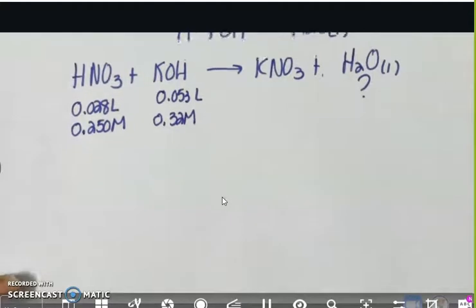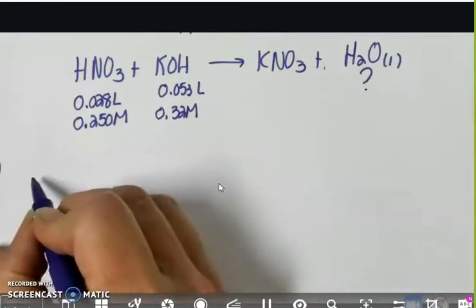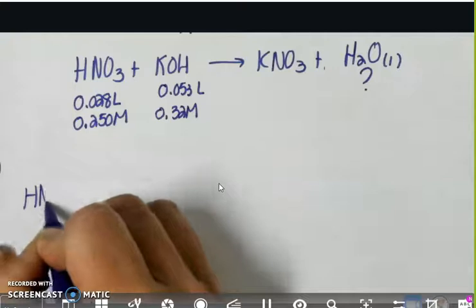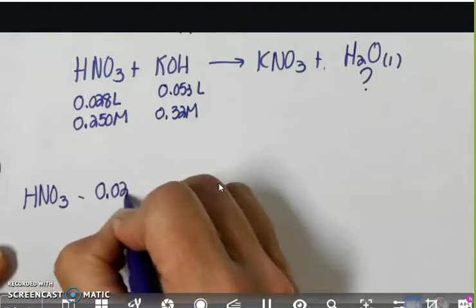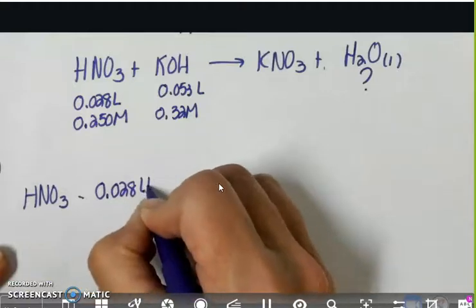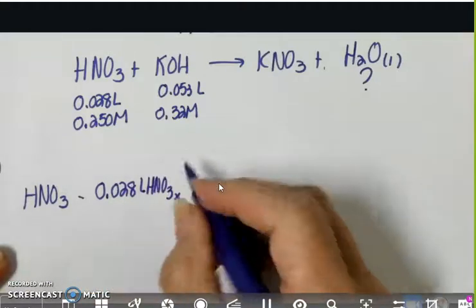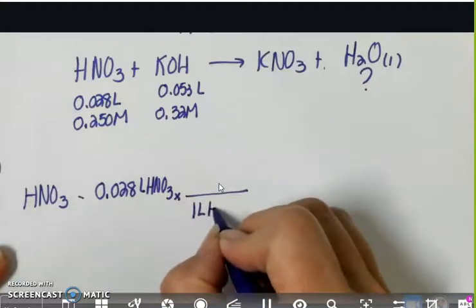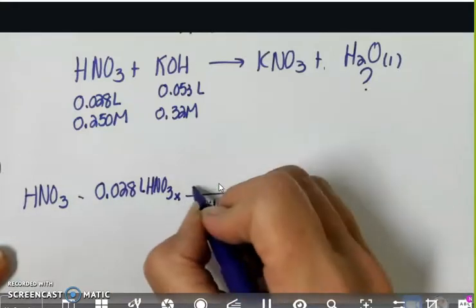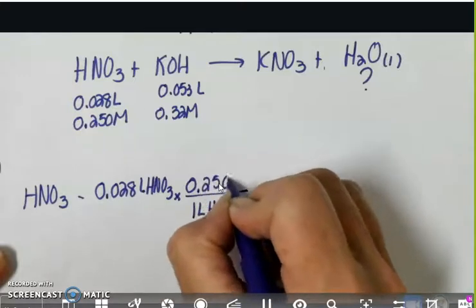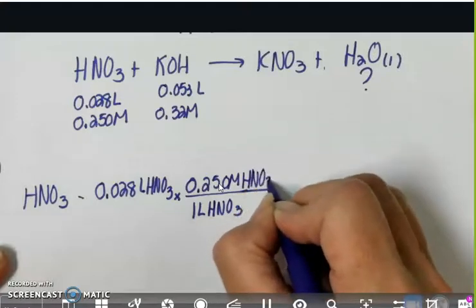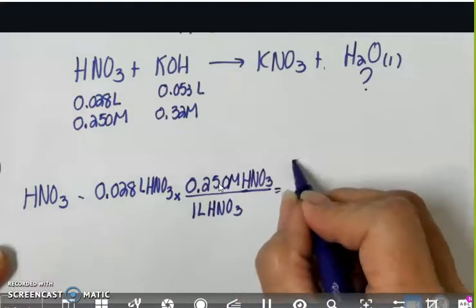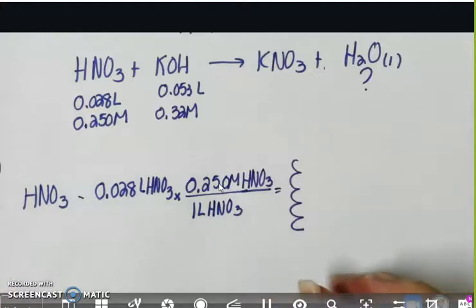So let's get started. We're going to do exactly what we did yesterday. Let's start with nitric acid. I have 0.028 liters of nitric acid, and 1 liter of nitric acid is 0.250 molar of nitric acid. Now, the problem also asks for the concentration of H plus and OH minus.